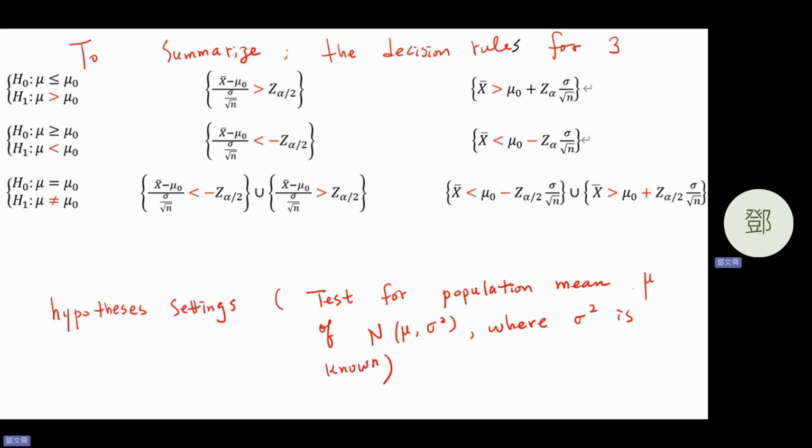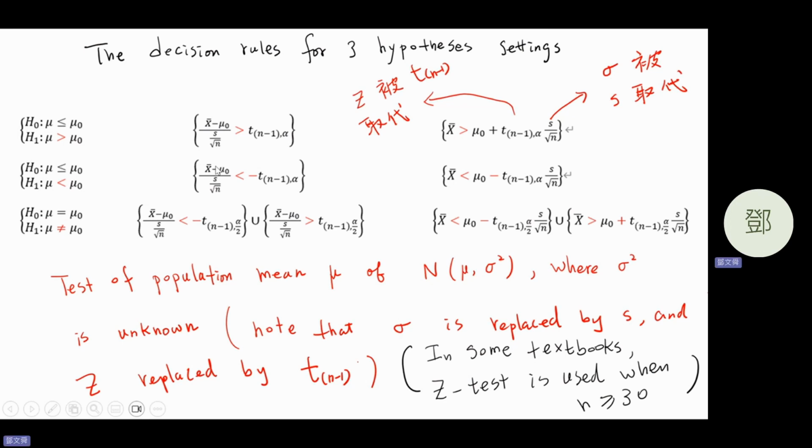And next, three, sigma unknown. Here, sigma unknown. And the three formulas have the same form as before, with sigma replaced by s and z replaced by t with n minus 1.